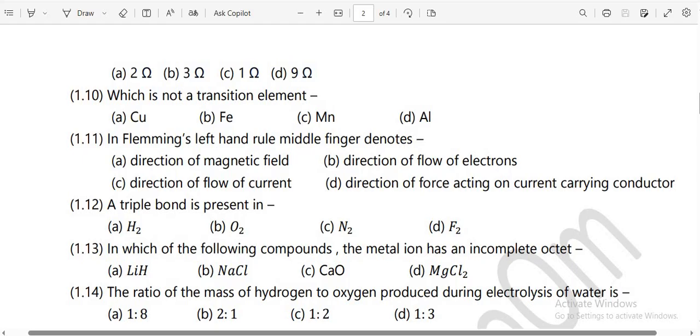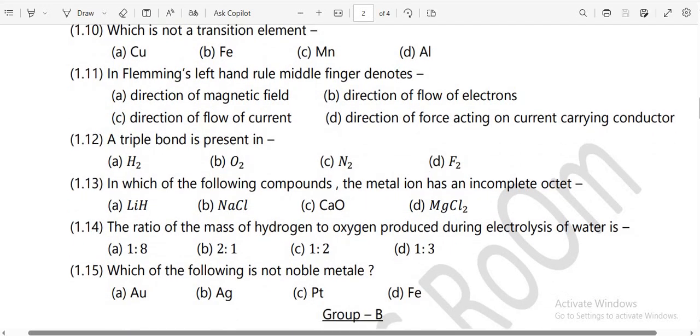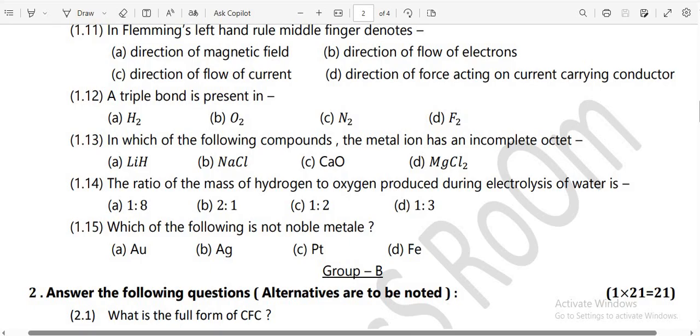Option A LiH, option B NaCl, option C CaO, option D MgCl2. 1.14 The ratio of the mass of hydrogen to oxygen produced during electrolysis of water is option A 1:8, option B 2:1, option C 1:2, option D 1:3. 1.15 Which of the following is not a noble metal?